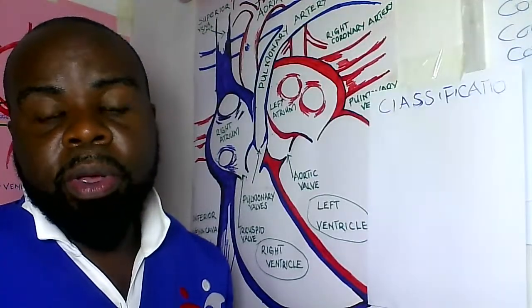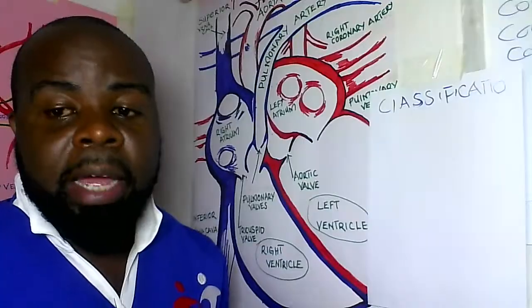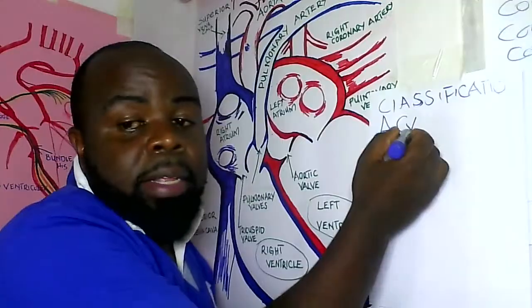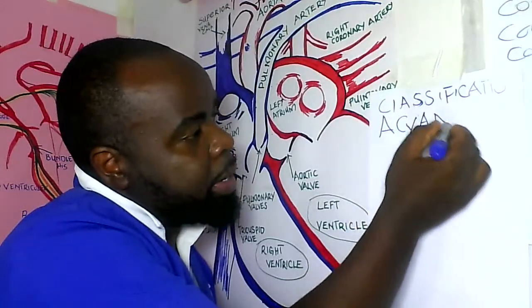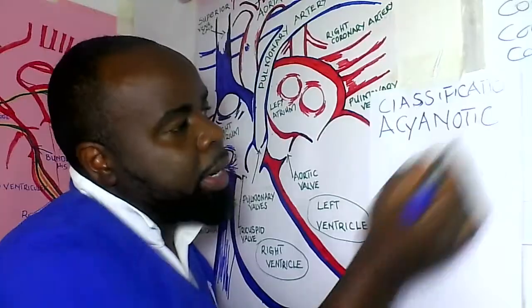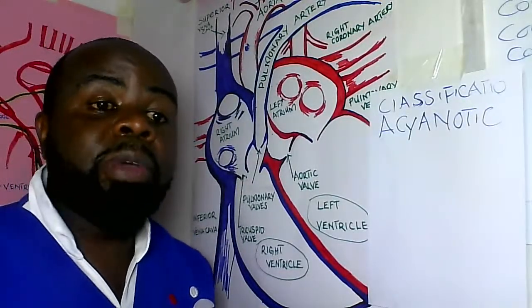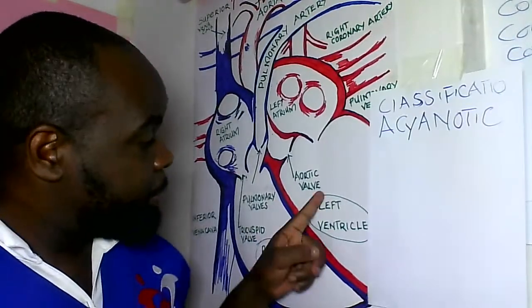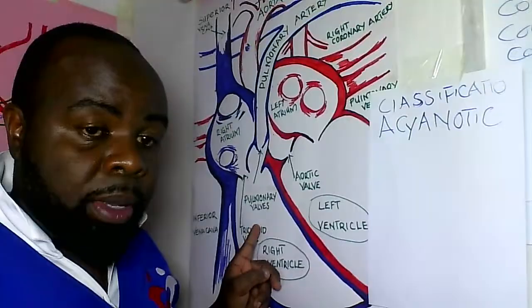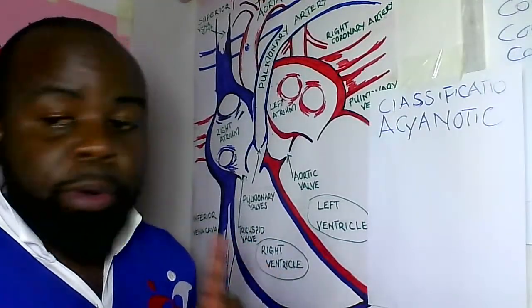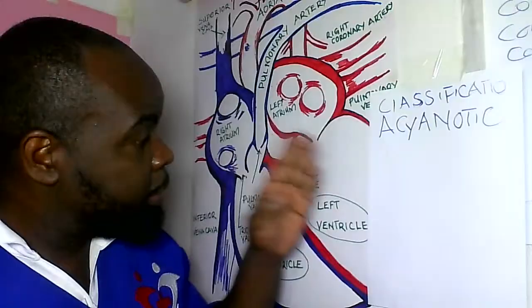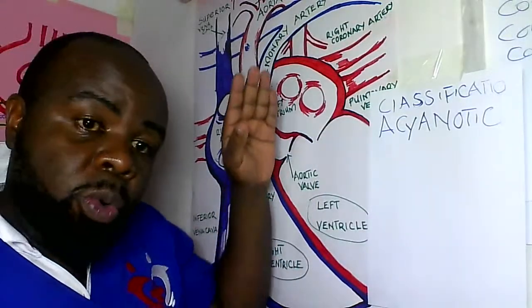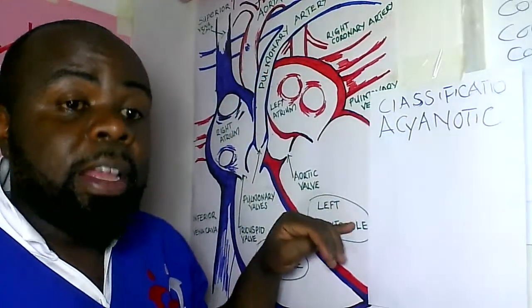And in classification we have a cyanotic classification. This one is when blood flows from the left side to the right side. A baby is born but has a problem whereby blood is flowing from the left side to the right side instead of flowing the normal way from the right side to the lungs and then coming back to the left side.